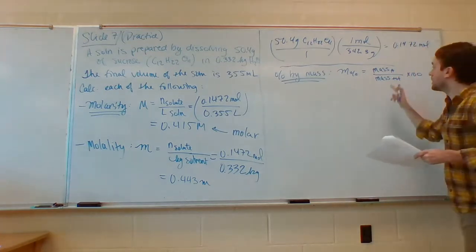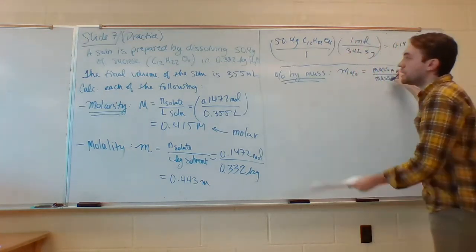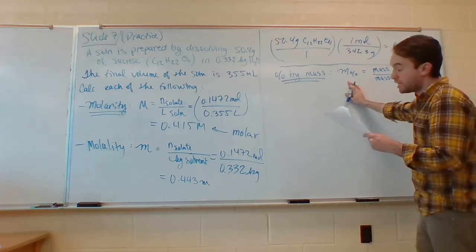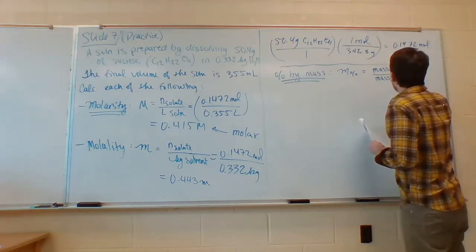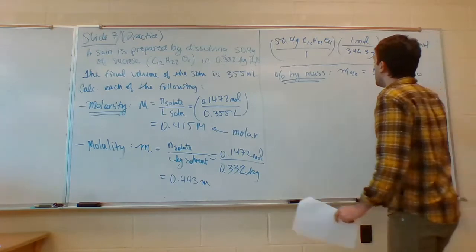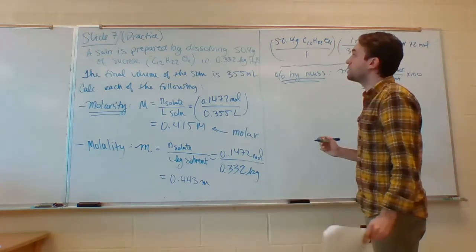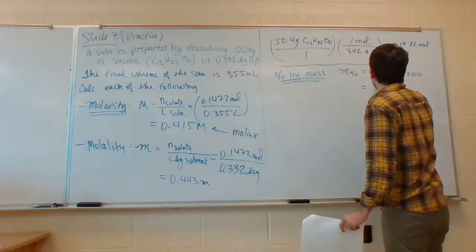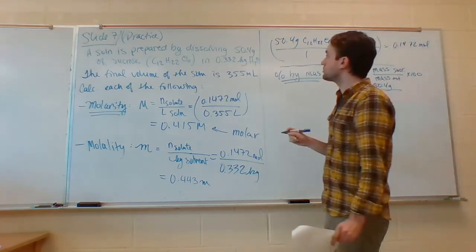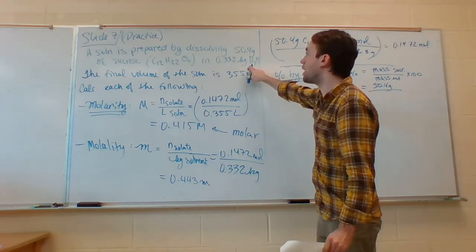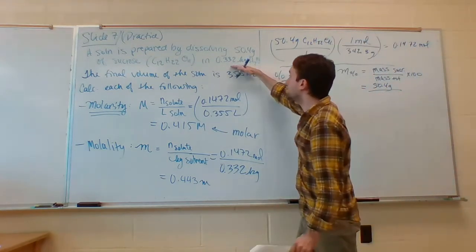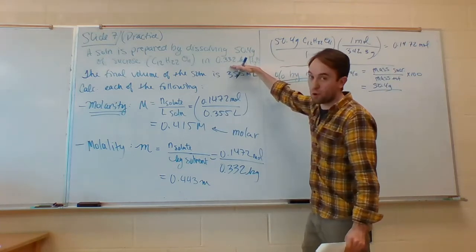Here A was our solute, so since we're looking for our percent by mass of sucrose, that would be the mass of sucrose. Do we have our mass of the sucrose? Yes, we do. That's 50.4 grams. And our mass total: we've got the kilograms of the water, but in our solution, we're going to have the sucrose and the water.